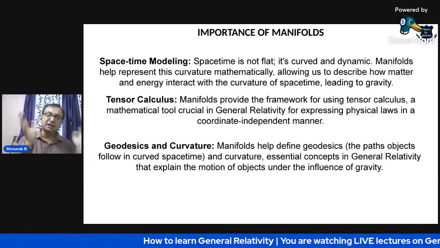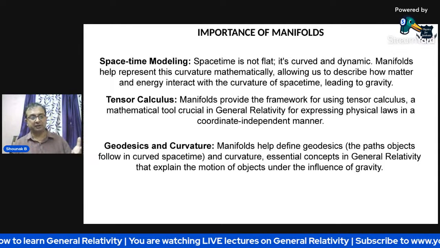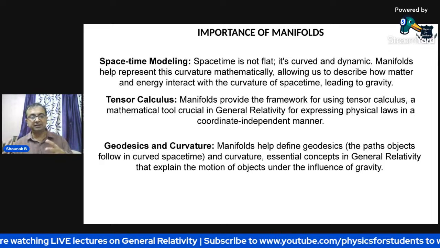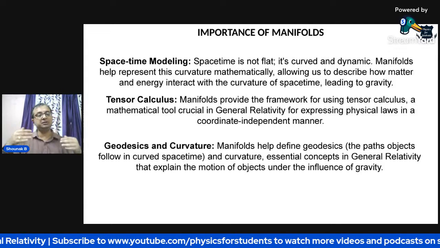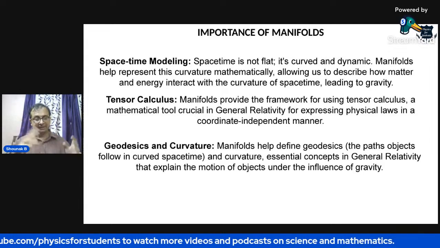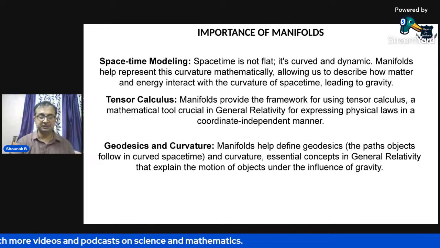That is again a manifold. So the manifolds provide a framework for tensor calculus. And most importantly, you see geodesics and curvature. Manifolds help define the geodesics, which is actually the curved space-time, which was there in Newton's second law of motion, which I have shown you is a second-order derivative and how the geodesics come in.